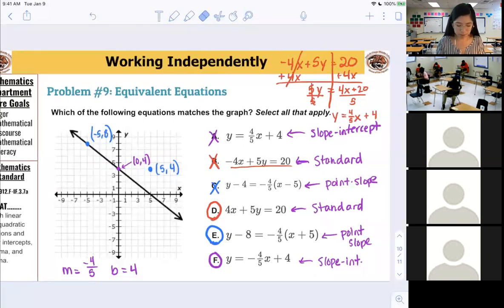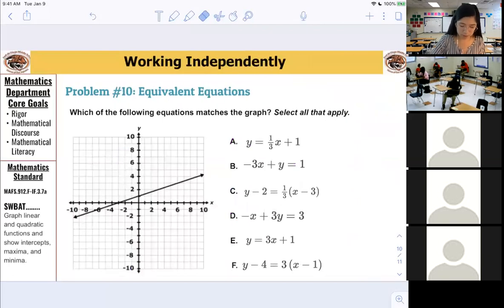The other one for number 10 was very similar. I'm not going to have time to go through all the answers or how to do all of them, but super quick. A is correct because it's positive slope and it has the correct y-intercept, which means that E is out. And then C is correct because C also has the correct slope, 1/3. The slope is not 3, it's 1/3.